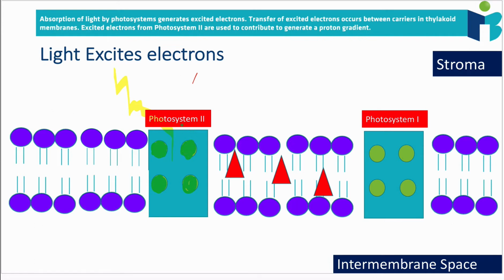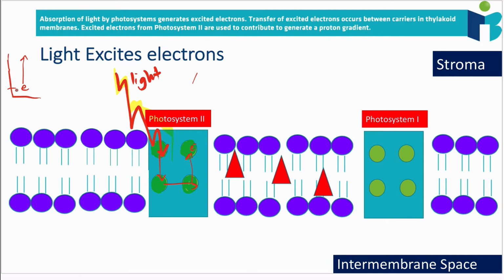The first thing that happens in light-dependent reactions is that these chlorophyll molecules will absorb light energy. This red line is light energy. When they absorb this light energy, the energy gets passed around between the chlorophyll molecules until eventually one of them has an electron which is excited. What it means to have an electron excited is that if you imagine an electron has a certain amount of energy, when you give it energy, it's going to get more energy.